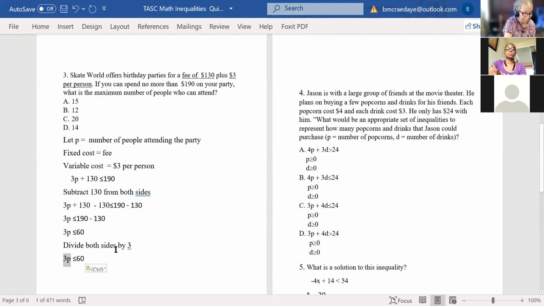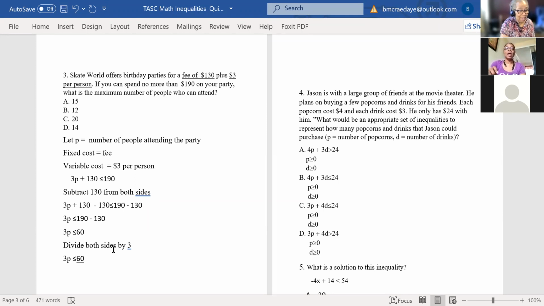We can underline. I got 20, but I do mine differently than that. Yeah, there's different ways of doing it. Well, you know what? You could have just subtracted 130 from 190 and get 60 and divided by 3, right? I would have done that, rest assured. Yes, you could do that.